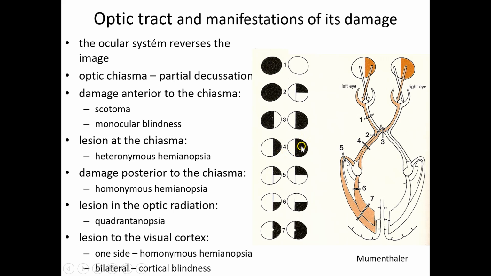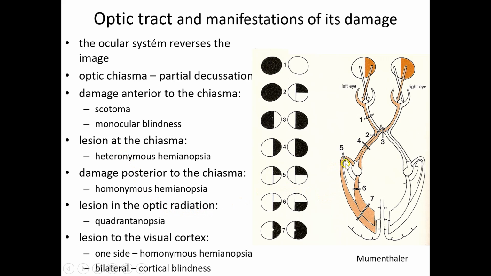As here it is seen, a right homonymous hemianopia in all the deficits that are produced after the optic chiasma. So any damage posterior to the optic chiasma will give homonymous hemianopia, while any damage anterior to the optic chiasma will produce scotoma or monocular blindness, or damage at the level of the chiasma will produce what? Bitemporal hemianopia.